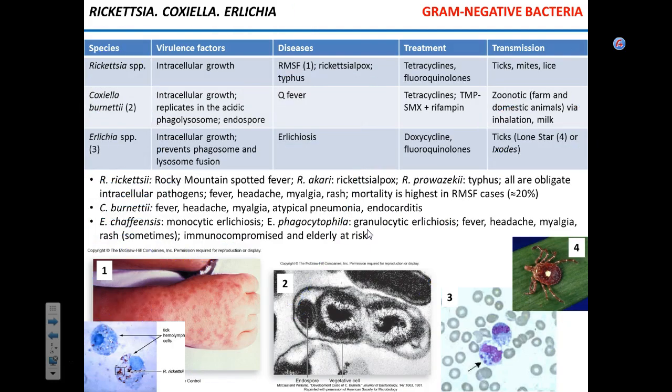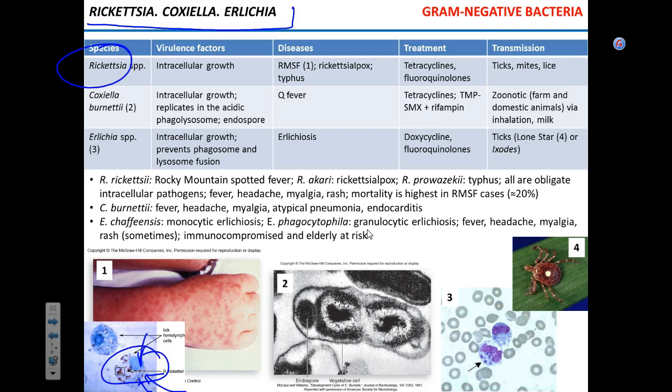Now these three, Rickettsia, Coxiella, and Ehrlichia, are all intracellular infections. And we're going to start with the Rickettsia. You can see a small hemolymph cell of a tick with a number of rickettsial pathogens inside. So those red tiny dots are Rickettsia.